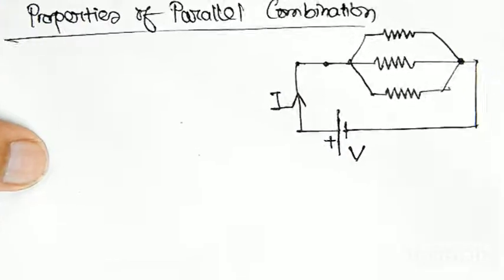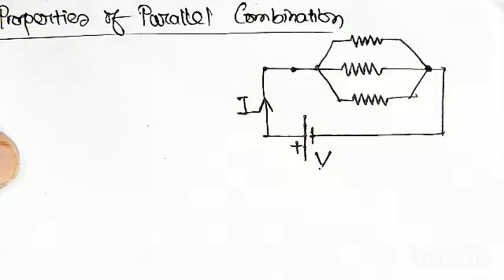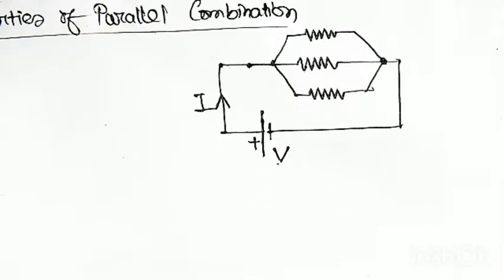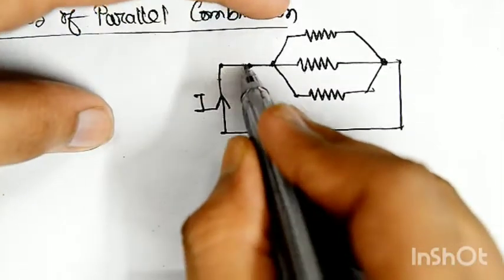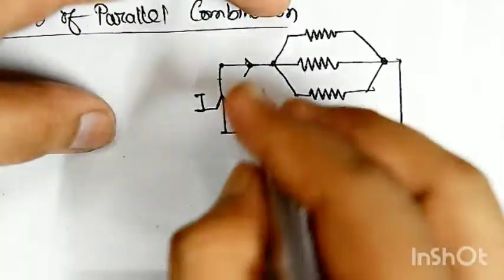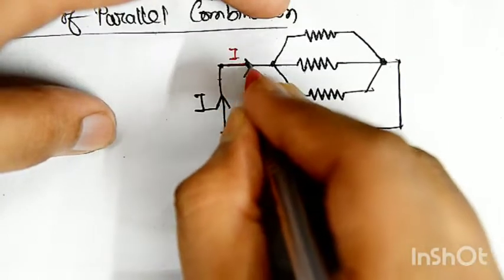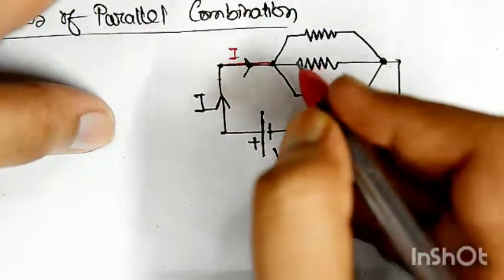You can see there's a battery with potential difference V and current flow I. Now the current I comes out here. Then when the current I appears here, you can see it is getting divided into three portions.